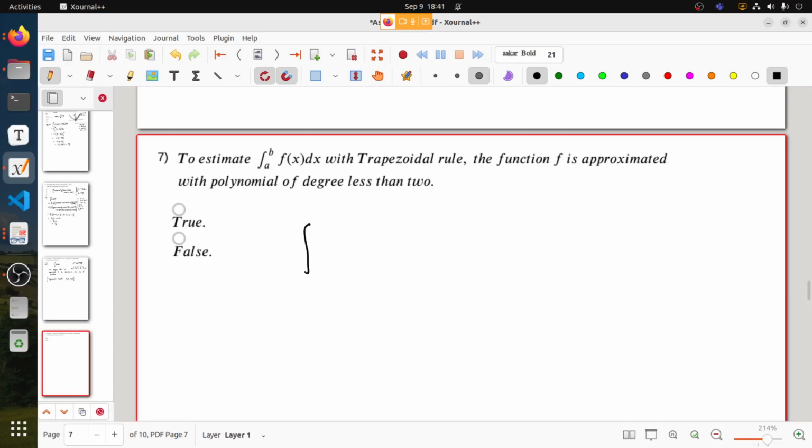So what is the trapezoidal rule saying? If you want to approximate the integral of f(x) dx, and suppose this is the interval a to b, there we will approximate. Suppose this is this kind of function. Suppose x1, this is x0, suppose x2, x3 and x4.